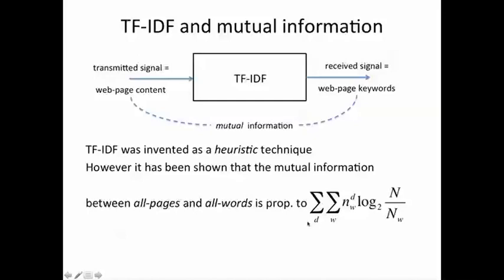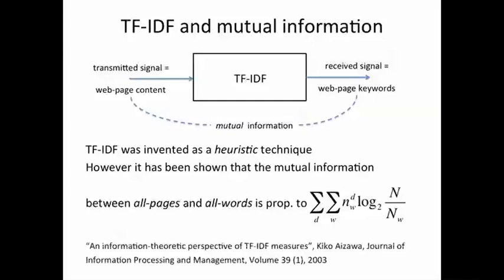So if you take every word in the collection, compute its TF-IDF, and add that up across all documents and all words, you'll get the mutual information between all words and all pages. This is certainly very interesting because it puts this fairly intuitive heuristic technique on a firm mathematical footing.